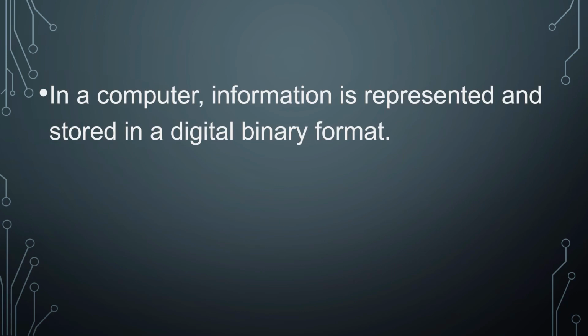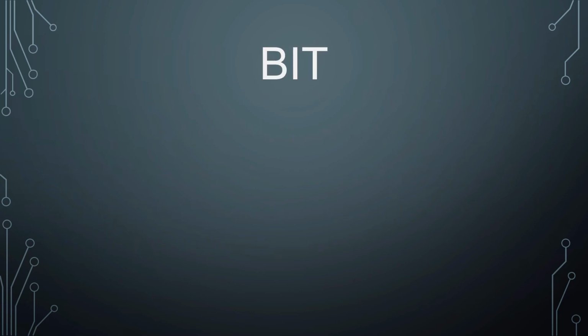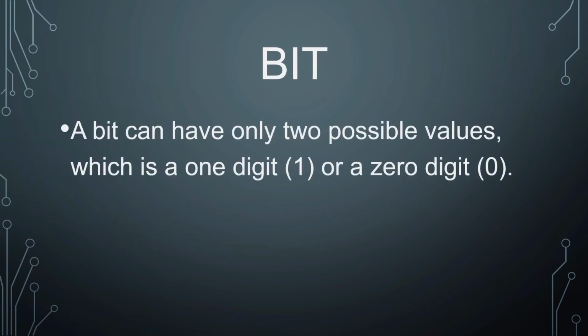In a computer, information is represented and stored in a digital binary format. The term bit is an abbreviation of binary digit, which represents the smallest piece of data in a computer system. A bit can have only two possible values, which is a 1 digit or a 0 digit.